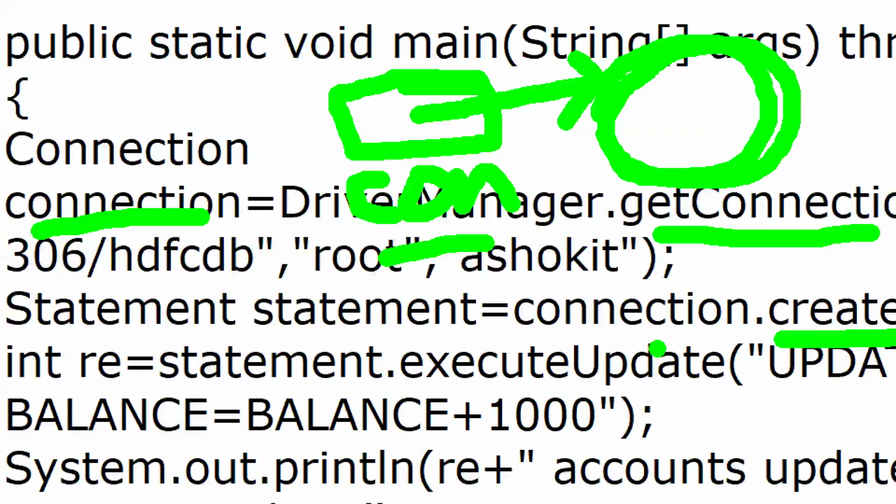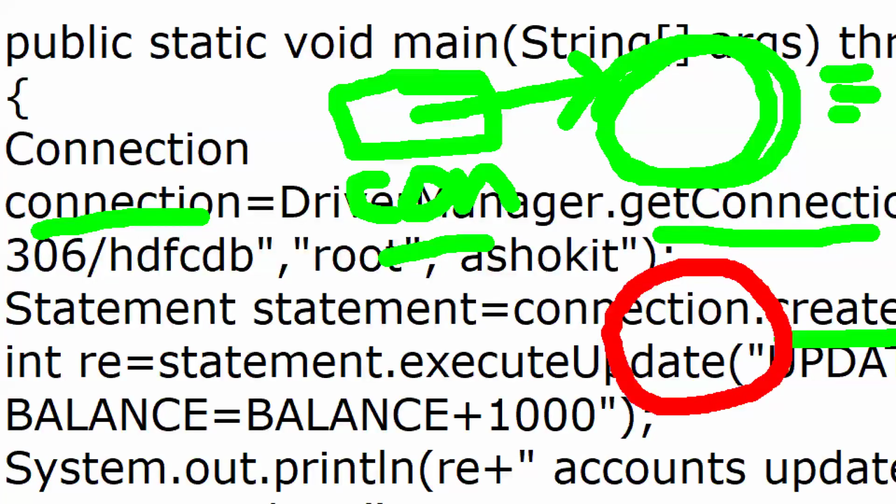The main method is calling which method? The create statement method on the connection object. This object has many methods; one method is create statement. When that method is called, internally it creates one more object, the statement object, and the reference is stored here.